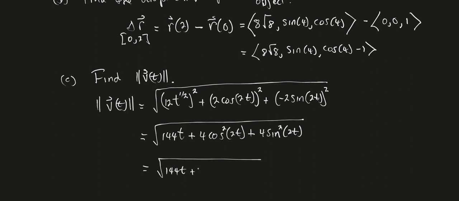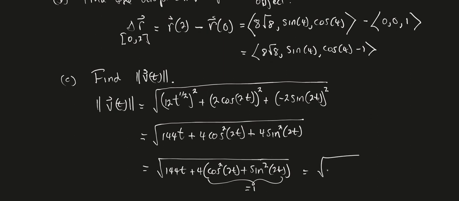If I factor out a 4 from the middle and the third term, then I'll have the cosine squared of 2t plus the sine squared of 2t, but that's equal to 1. So this is equal to 1.